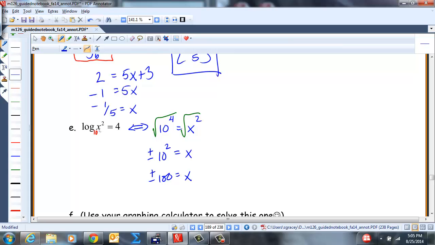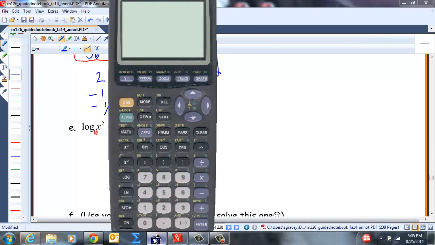So on this one, we could actually check using the graphing calculator, because we have, actually the last two we could check using the graphing calculator because we have the common logs and the natural logs. So let's do that.